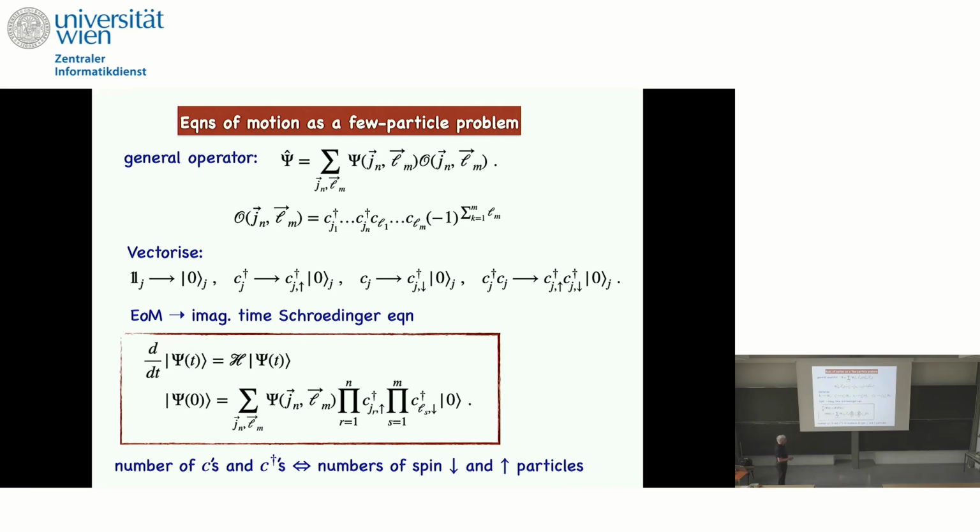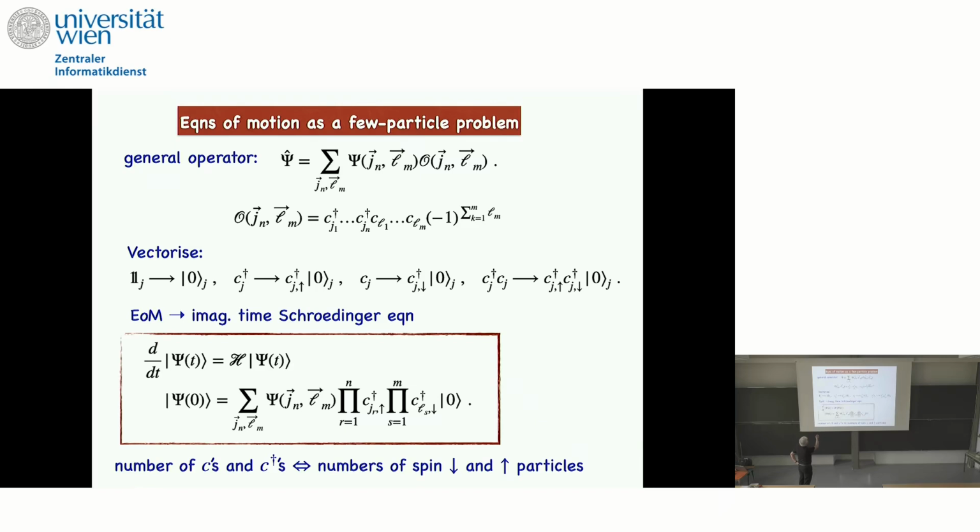Now the trick here is that you can rewrite these models, or the questions I've posed, in a way that basically an undergraduate student can understand. You can turn everything into a few-particle problem.